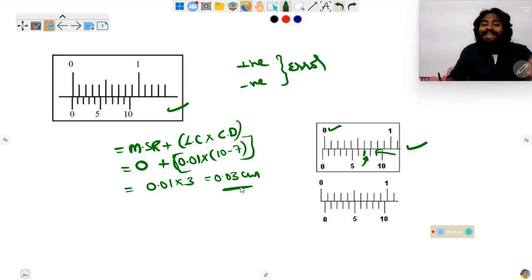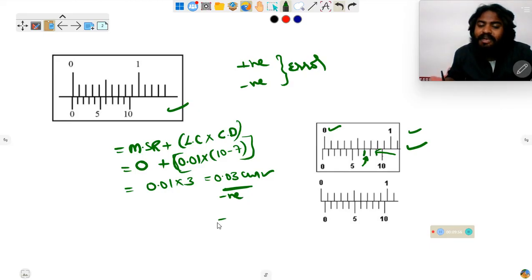This is the negative error for this diagram. And if you want the correction, since it is a negative error, whatever value you get after measuring, you have to add this value 0.03 to the reading which you get. Okay? So this is about the negative error.